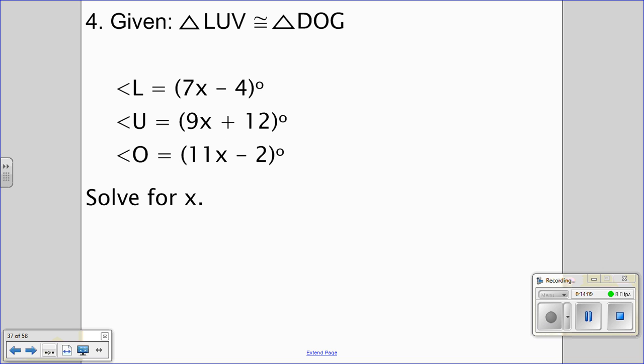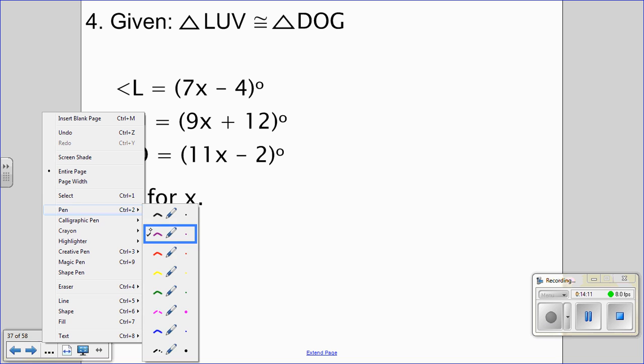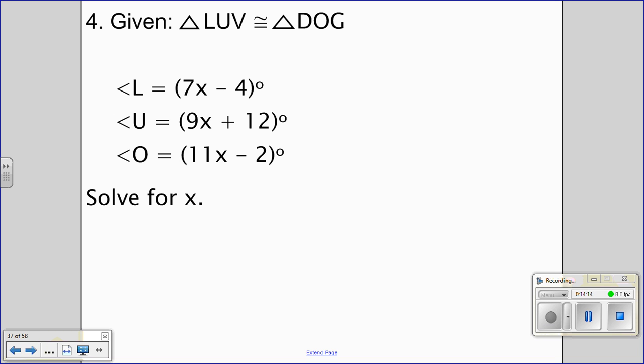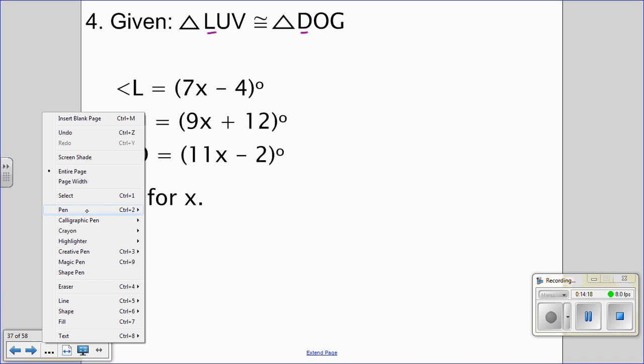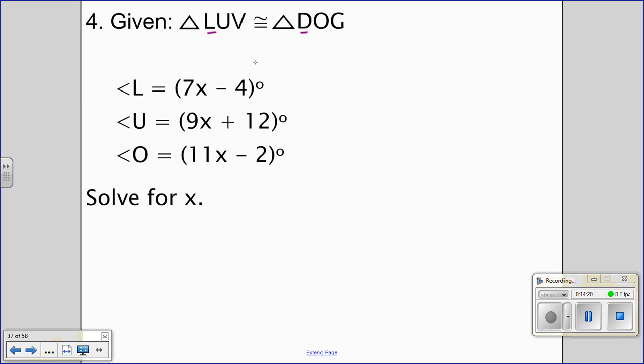So I know that L is congruent with D. I also know that U is congruent with O. And notice I have both U and both O, so those will be the 2 I use. So I know angle U is congruent to angle O. So that means their measures are equal.